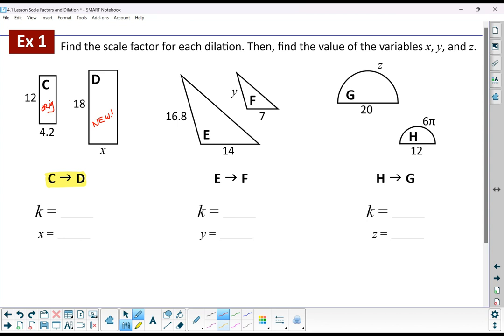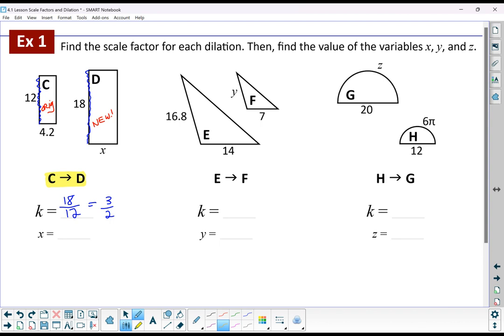So to calculate the scale factor, we're going to take this new length right here, 18, and divide it by the original length, which is 12. And 18 divided by 12 is the same as 3/2. So our scale factor of our dilation is 3/2.